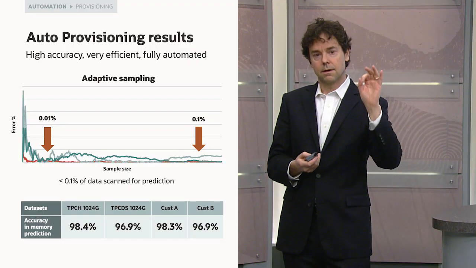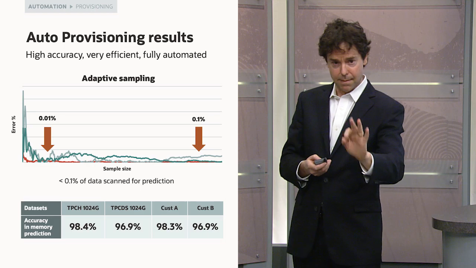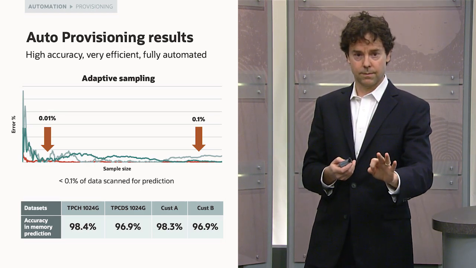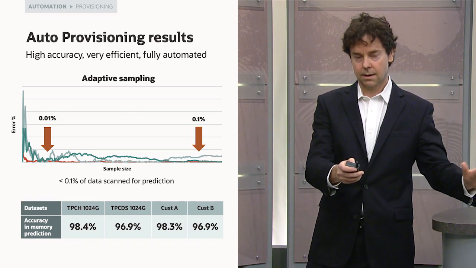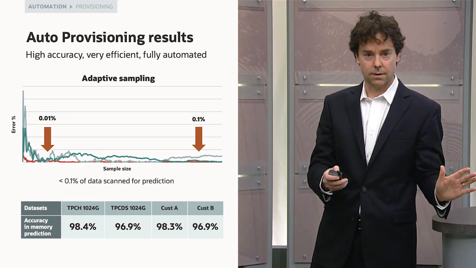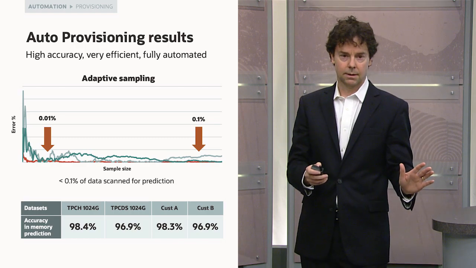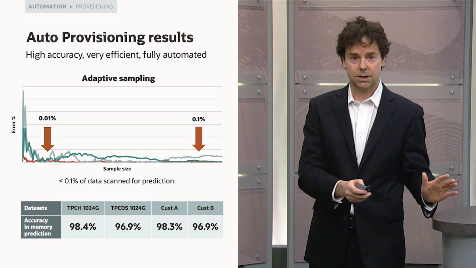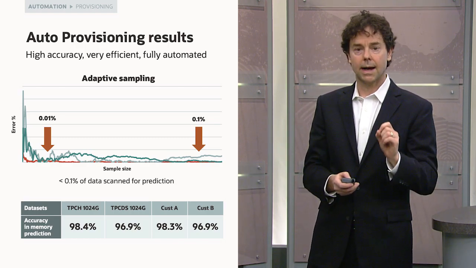So we've tested this against some benchmarks, and we've tested this using real live customers currently using MySQL HeatWave. And you can see we predict the amount of memory that you should consume, not just to hold your data, but to execute your queries most efficiently. And it turns out that the amount of memory that we can predict for your application and your queries is very accurate.